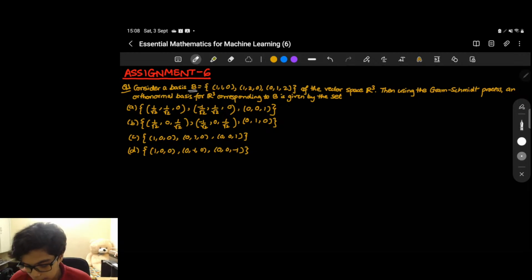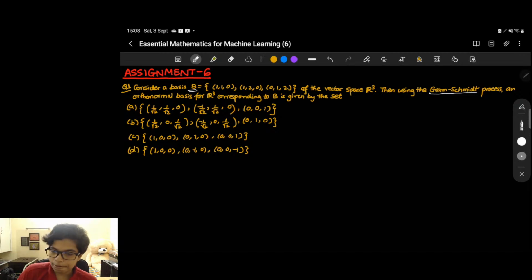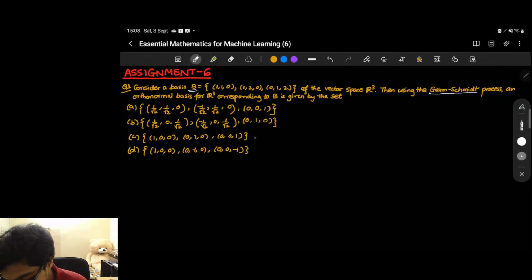Now notice that we need to use the Gram-Schmidt process over here. The question states clearly that we need to use the Gram-Schmidt process, because if you see option number C and option number D, these are also orthogonal vectors. In fact, option number C is the standard basis for R3.